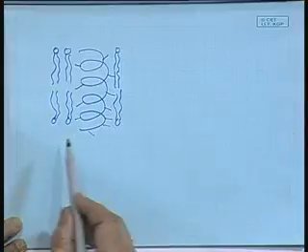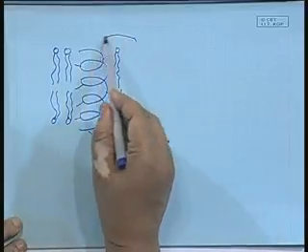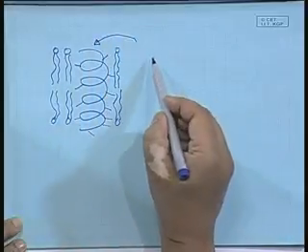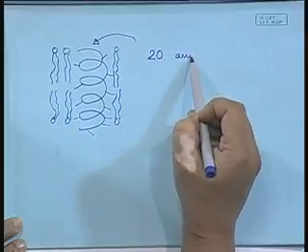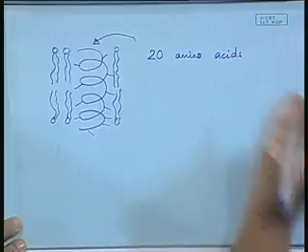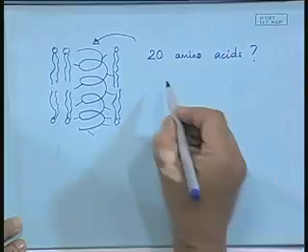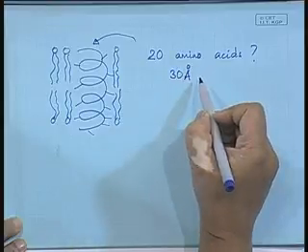Now, what I need in such a specific protein sequence is a stretch of 20 amino acids. Why? Because I have a 30 angstrom thickness. What is 30 angstrom? It is the thickness of the membrane.